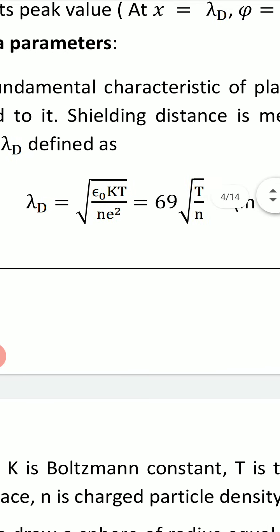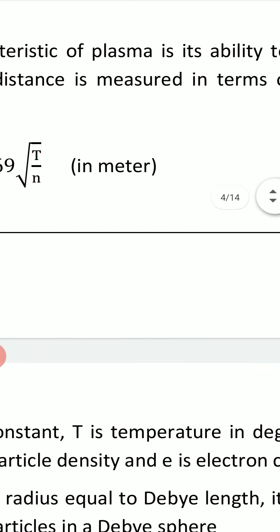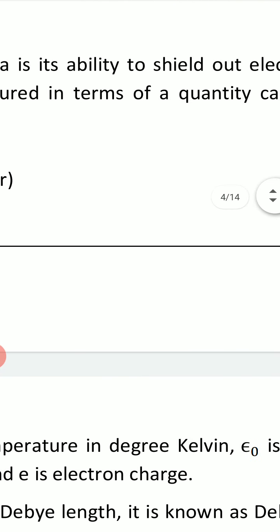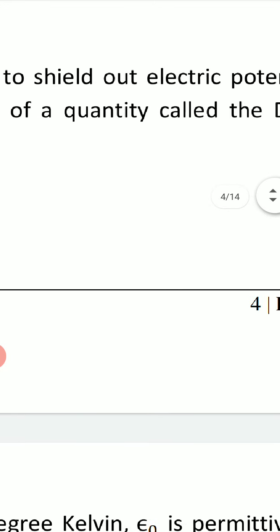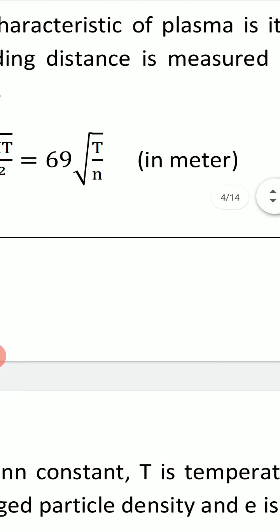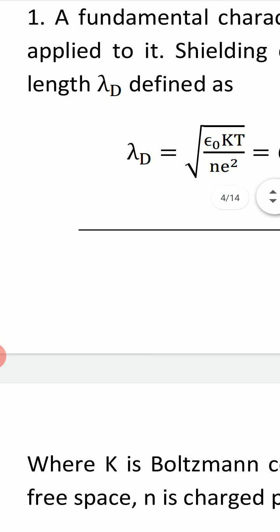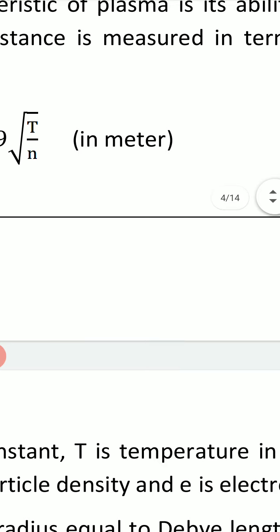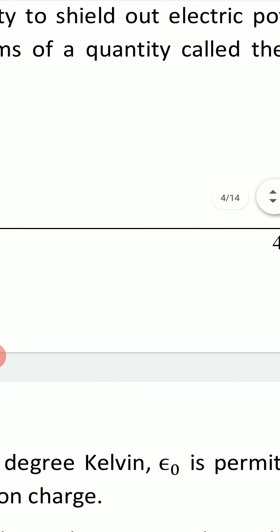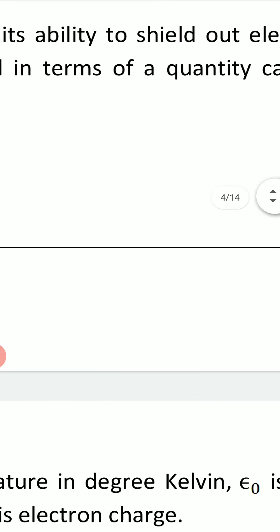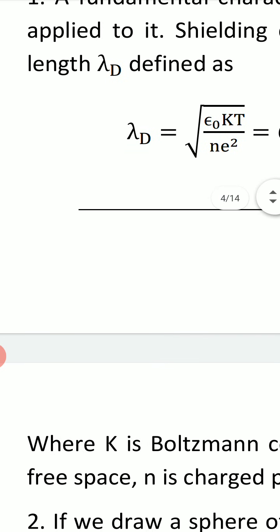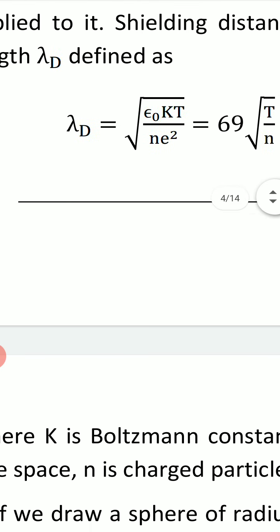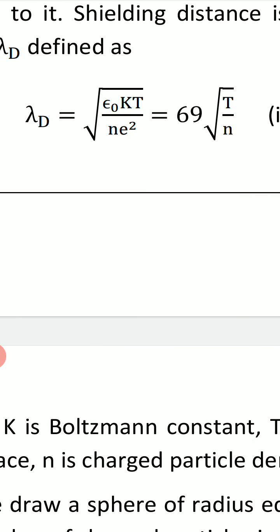A fundamental characteristic of plasma is its ability to shield out electric potentials applied to it. Shielding distance is measured in terms of a quantity called Debye length, and Debye length lambda d is equal to under root epsilon 0 kT upon Ne square.